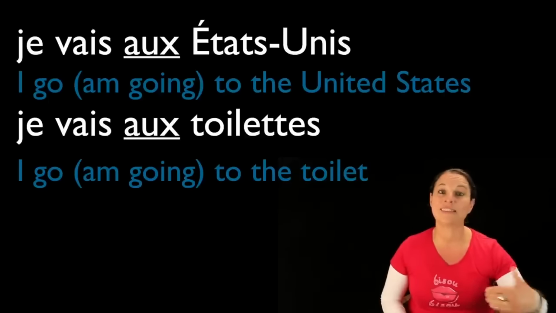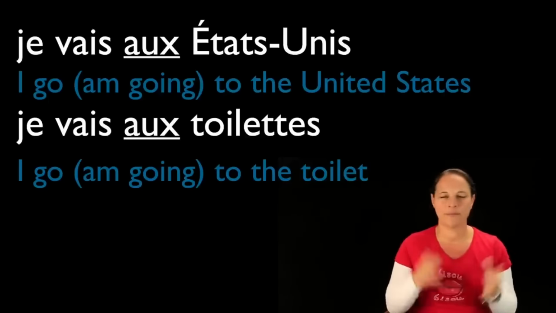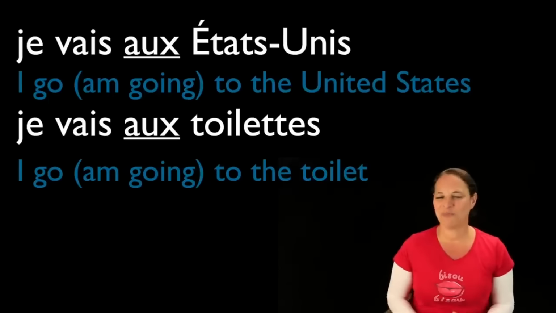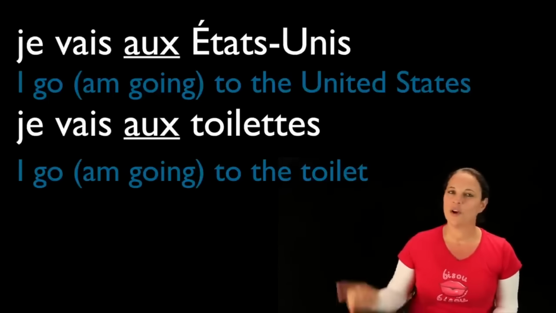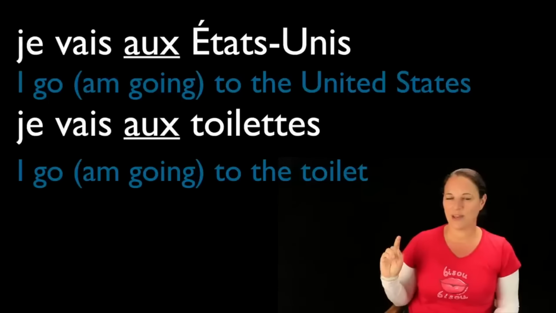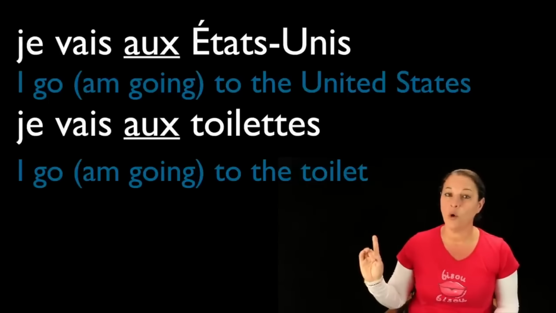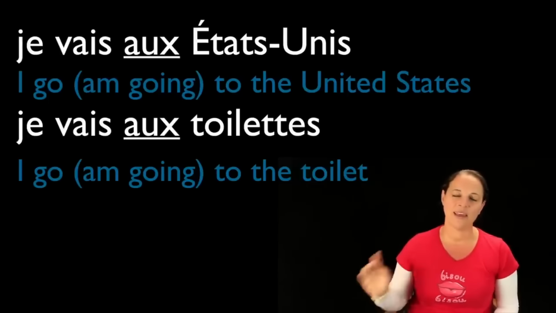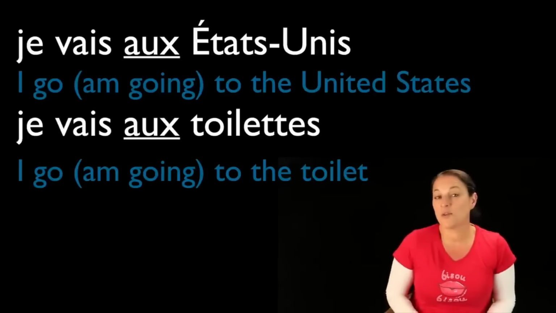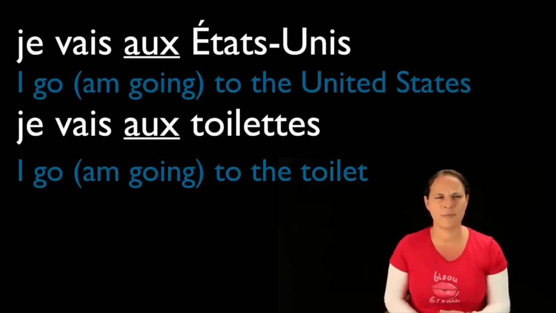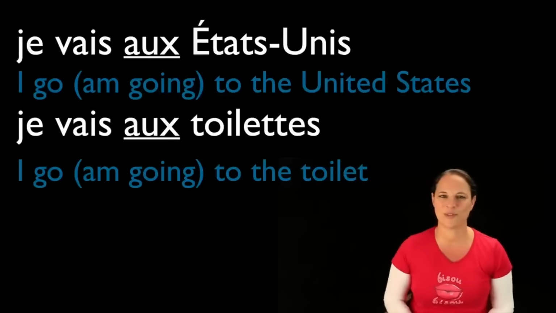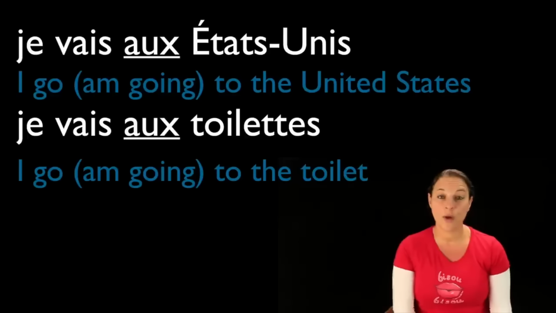In effect, toilets, we use that as a plural, okay? So, je vais aux toilettes. I'm going to the toilet. Je vais aux toilettes, okay? And then you use aux, okay? Though you don't pronounce the X when you say it out loud, okay? Je vais aux toilettes, okay? So that's the fourth way.